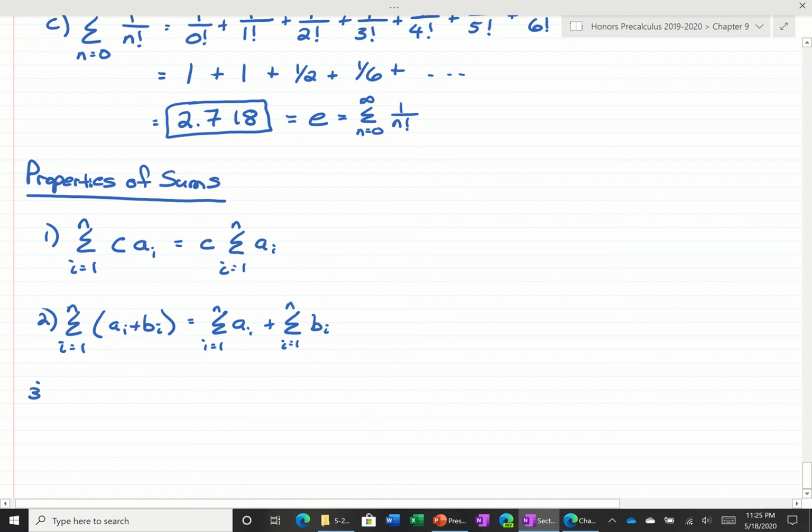And the last property would be the sum from 1 to n of a difference is equal to, yep, you guessed it, you could separate these.